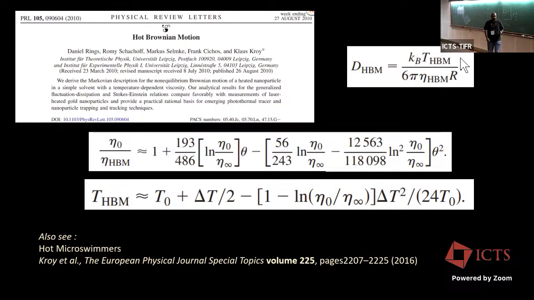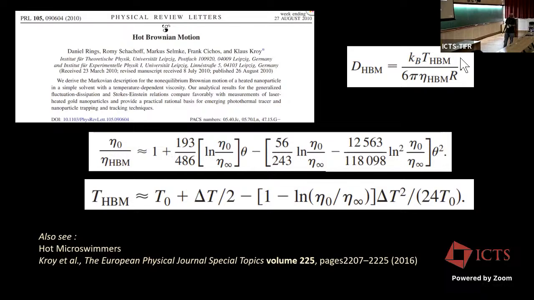The crucial question is, how do you understand diffusive processes of such colloids? And a very interesting answer is given in this particular paper. One of the aspects is that the diffusion constant is now a scaled diffusion constant, which takes into consideration the scaled temperature, the hot Brownian motion temperature, and an associated viscosity, given by eta HBM, which is the local viscosity around the colloid, which gets perturbed because of this illumination.